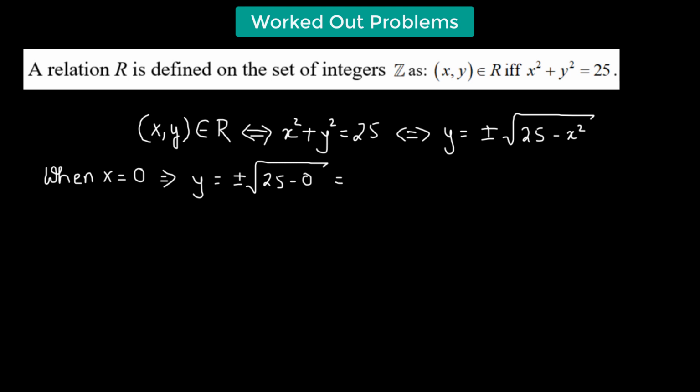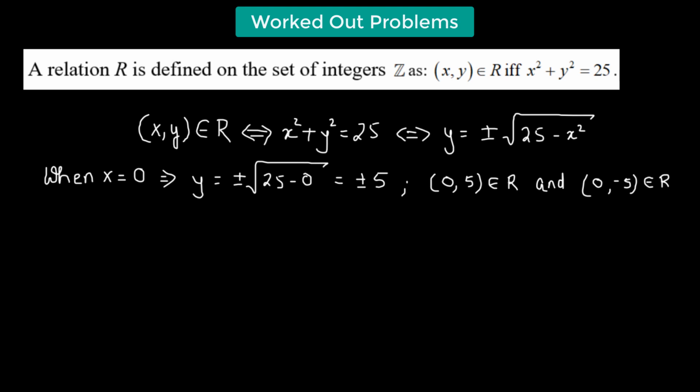So we have the square root of 25, the 25 being a perfect square, so that gives us y value as plus or minus 5. Now we can say that the ordered pair 0, positive 5 belongs to our relation, and the other pair, which will be 0, negative 5, this also belongs to the relation R.